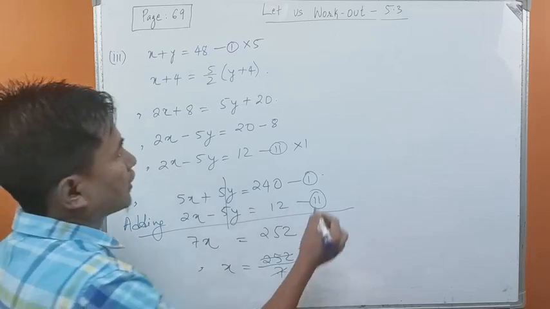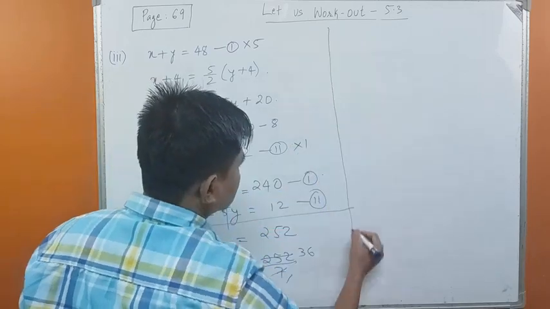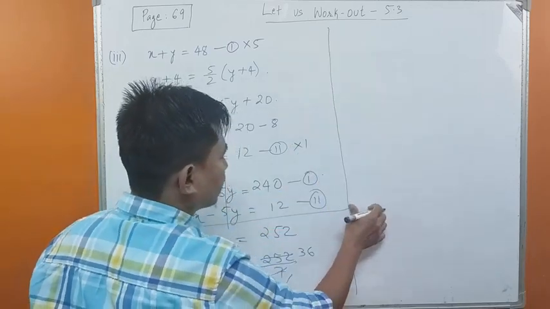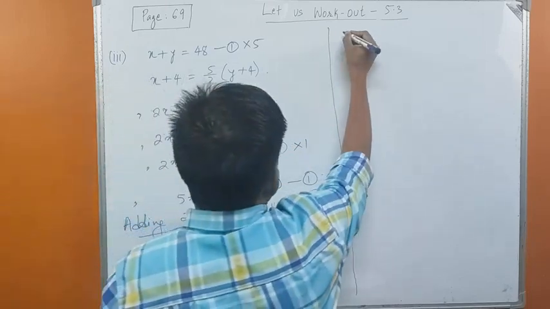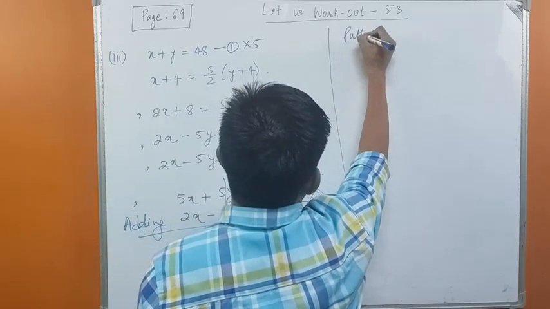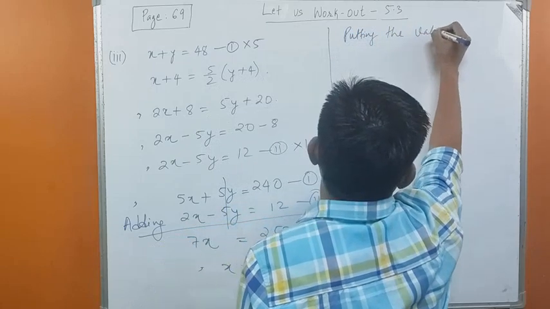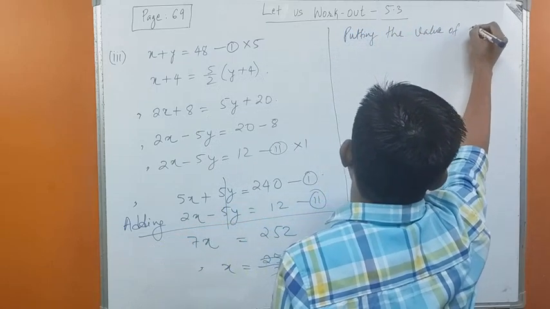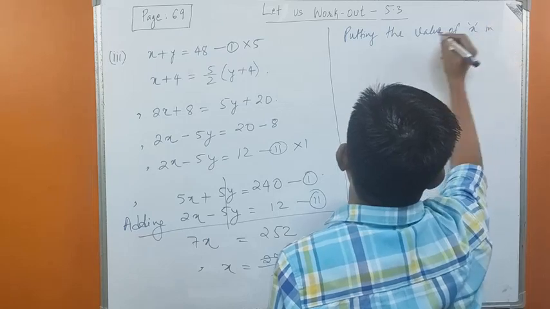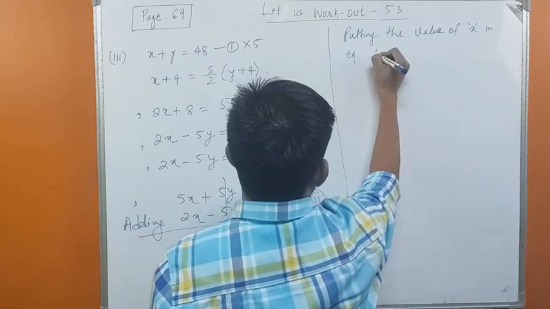We found the value of x. Now putting the value of x in equation 1 or equation 2, we can find the value of y, isn't it? So putting the value of x in equation 1.